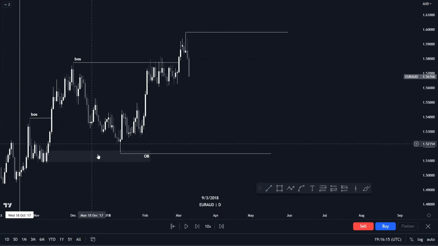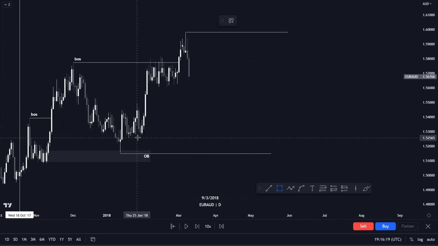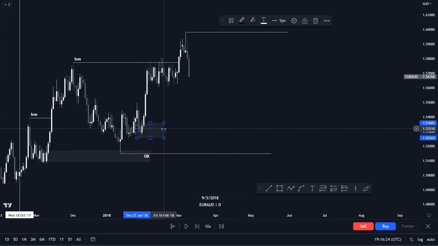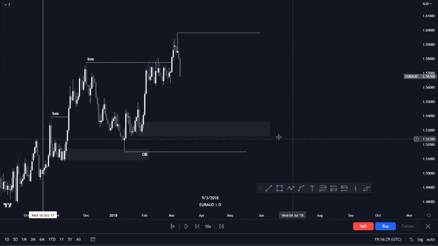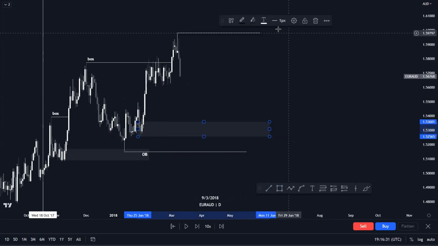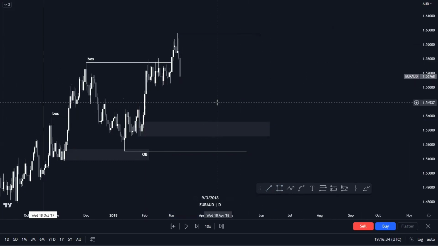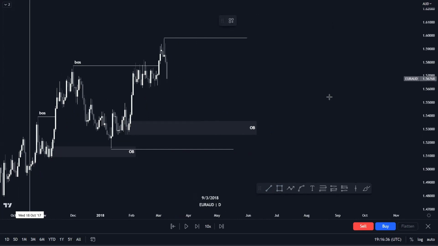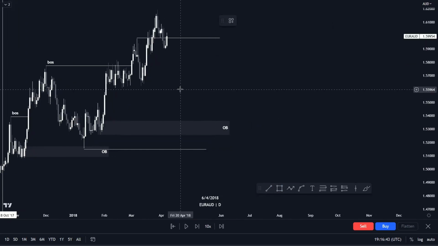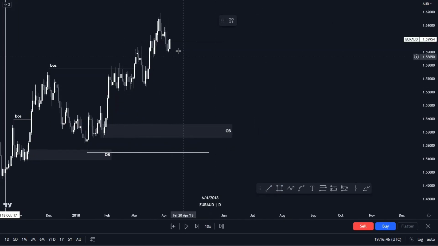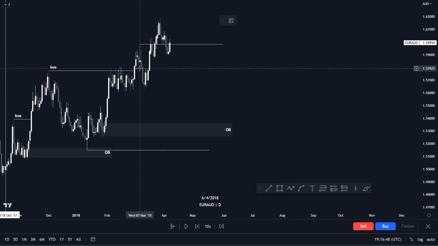Okay, so now we'll be looking to take our trades here at this low here, the last candlestick, to push price to the upside. Okay, let's play price and see. As you can see there, price eventually moves to the upside.